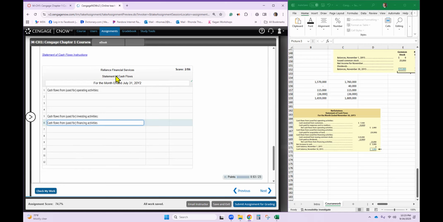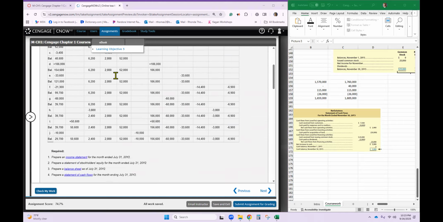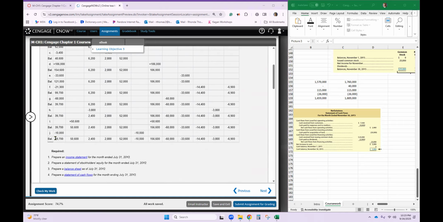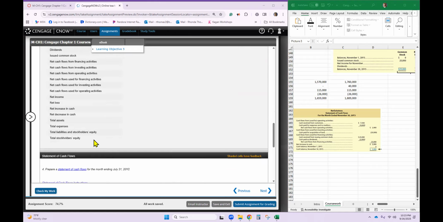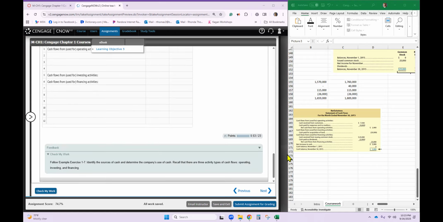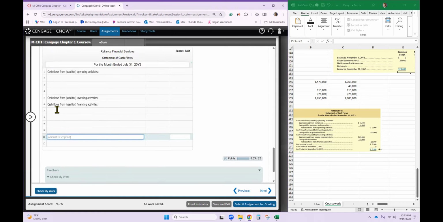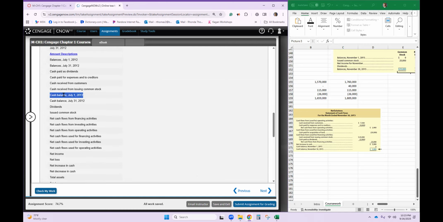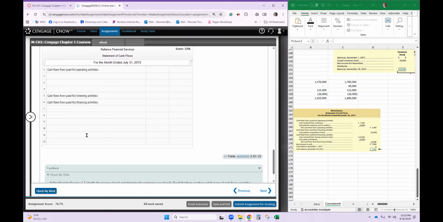So we're going to go back up here and look at our grid and look at what cash had in the beginning. It had 0. So it went from 0 to 29,700. So if you look at the bottom of the cash flow statement, it has November 1st. We're actually in July. So let's go get cash balance as of July 1, cash balance as of July 31st.